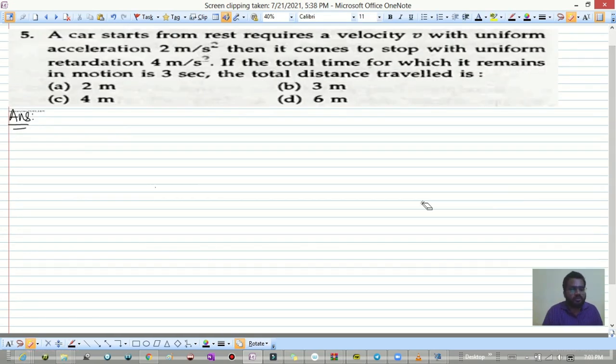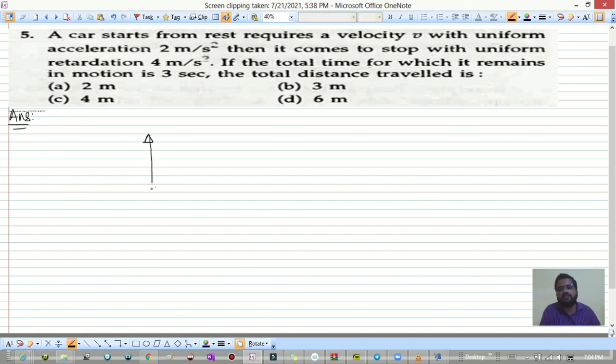Chalo. So now the fifth question. A car starts from rest, reaches a velocity v with a uniform acceleration of 2 meter per second squared. Then it comes to a stop with a uniform retardation of 4 meter per second squared. If the total time for which it remains in motion is 3 seconds, then the total distance traveled is.